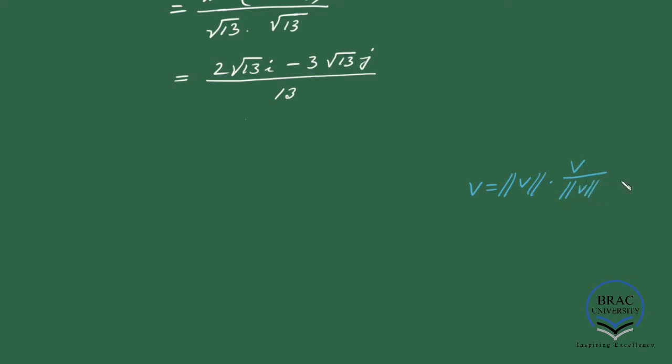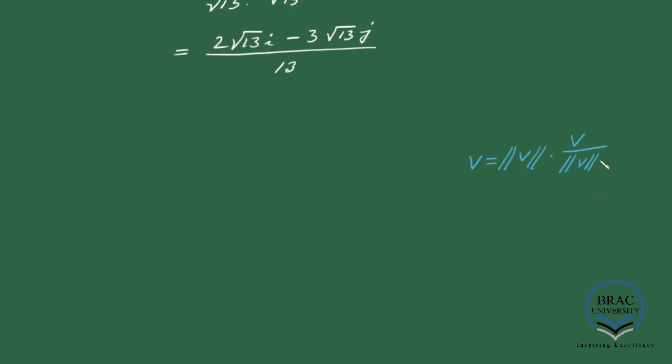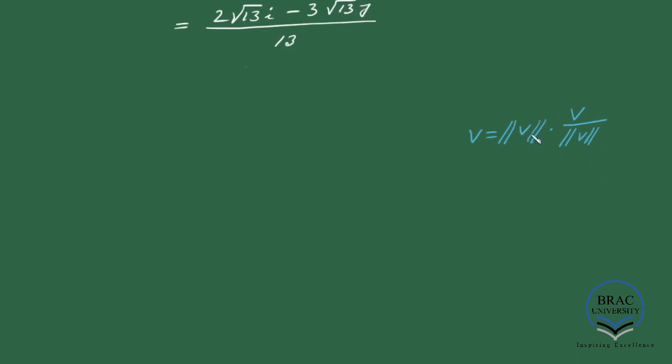By definition, the unit vector is the result of dividing a non-zero vector v by its magnitude. So this is the unit vector and this is the magnitude of the vector. This is how we can express a vector as a product of its magnitude and the unit vector.